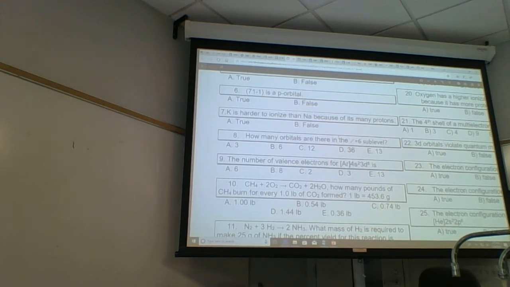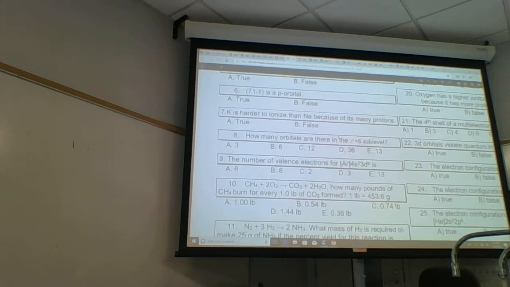So what's bigger, sodium or potassium? Potassium's bigger. So potassium should be easier to ionize than sodium. So the first part of this is false. Potassium should be easier to ionize. It's true it has many protons. It also has another shell.